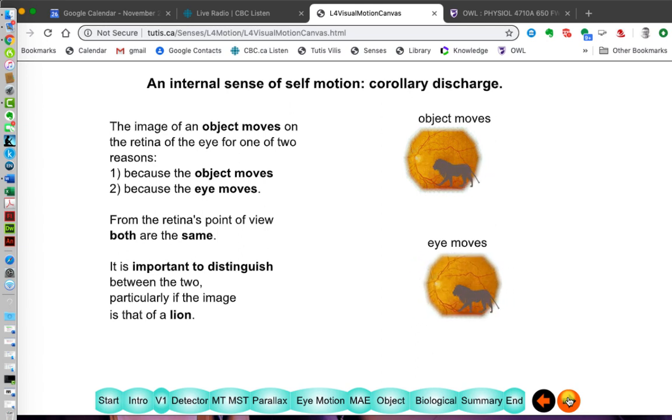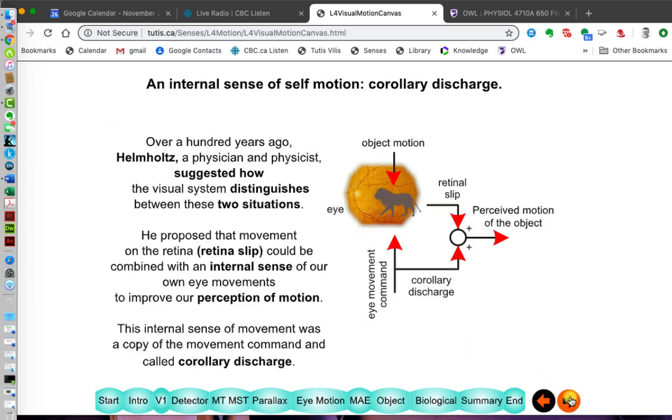Here you can see an object moving. Here the lion moves and the eye is still. Here the lion is still and the eye moves. In both cases, we have movement of a lion on the eyeball. So the eyeball can't tell you which is which. Of course, you can tell who's moving. It's an important evolutionary thing.